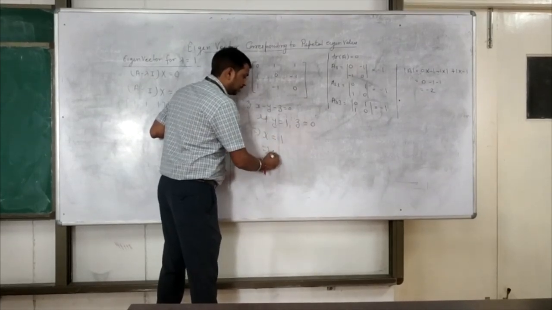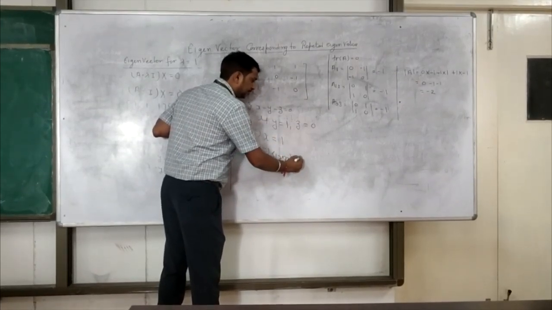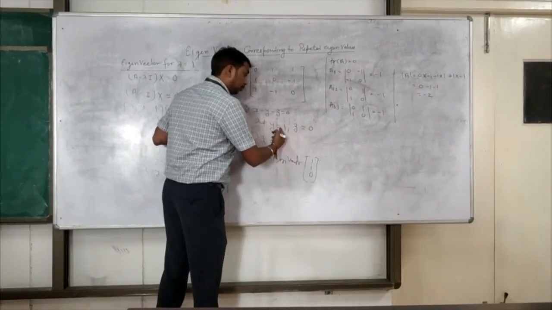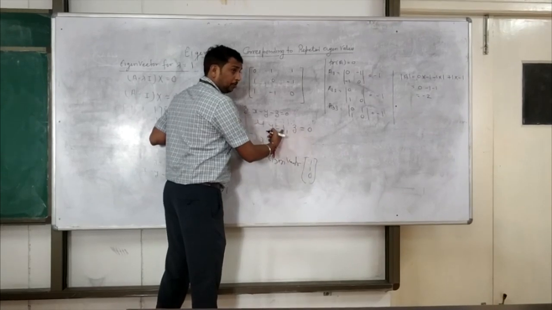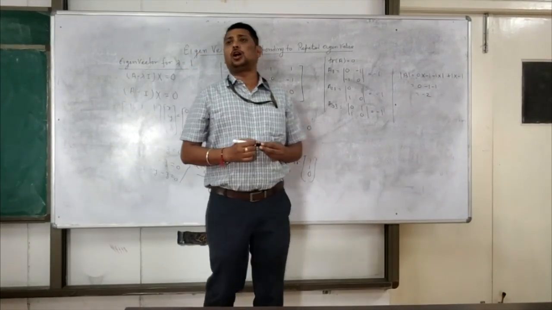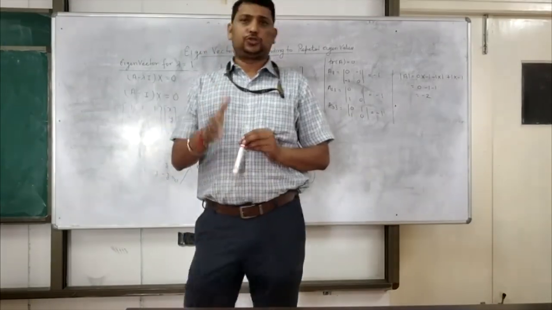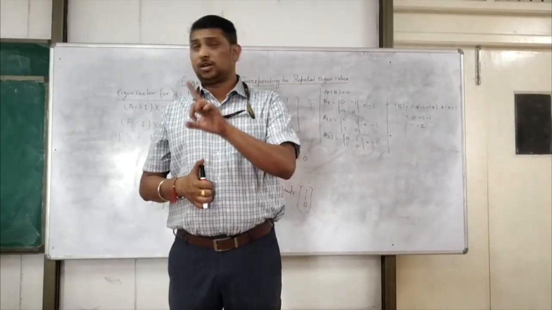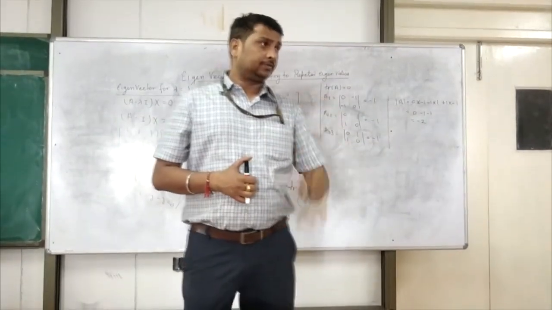This implies the eigenvector is 1, 1, 0. Don't take both 0, because x, y, z all 0 means the zero vector, which is not possible because eigenvectors are non-zero. Understand?